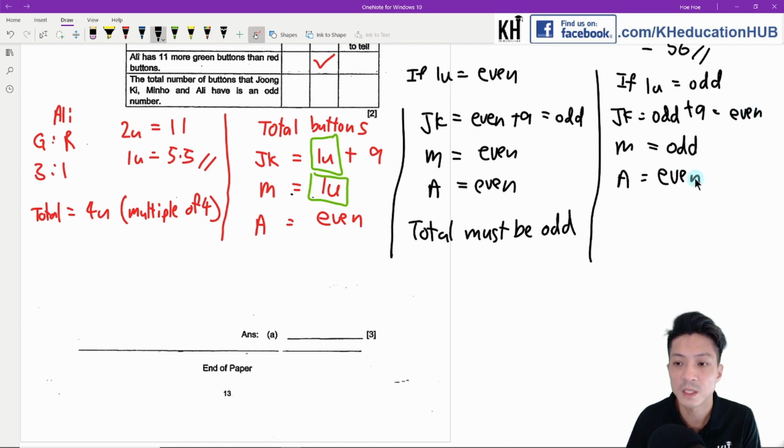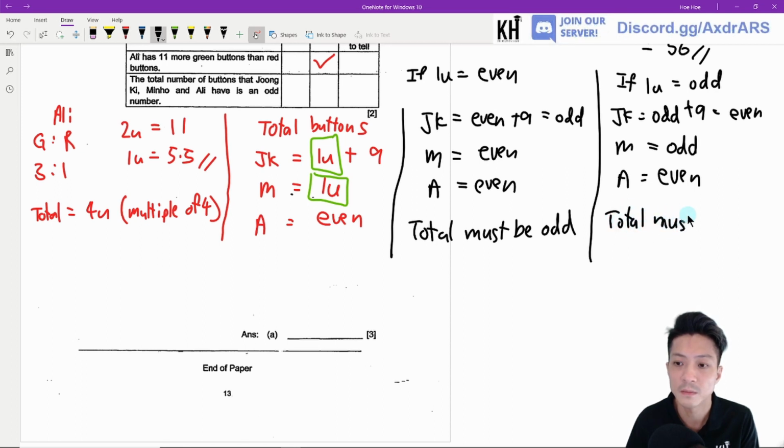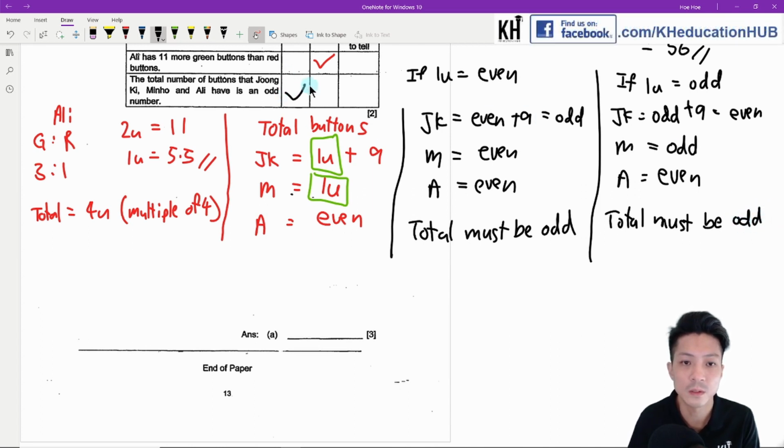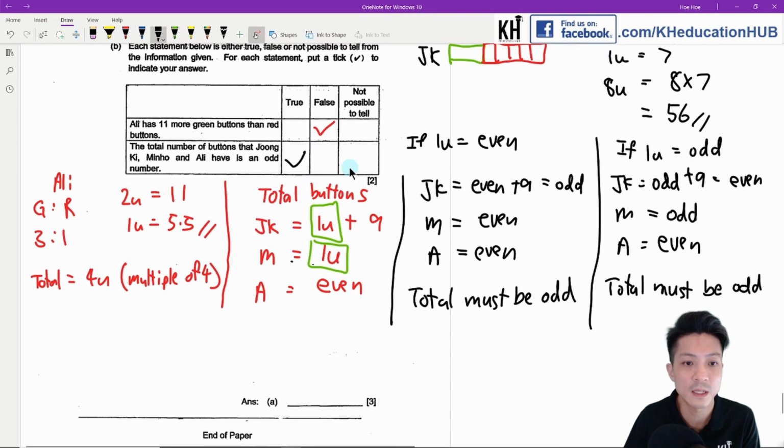Okay, so even plus even will give you even, and even plus odd will give you odd, which means that the total must be odd. Okay, so it means that for the second sentence, the total number of buttons that Joong Ki, Minho, and Ali have is an odd number is true.